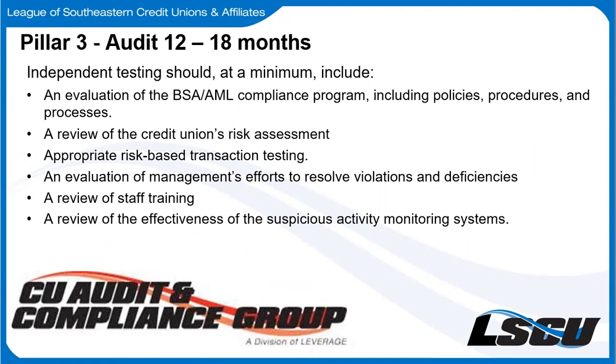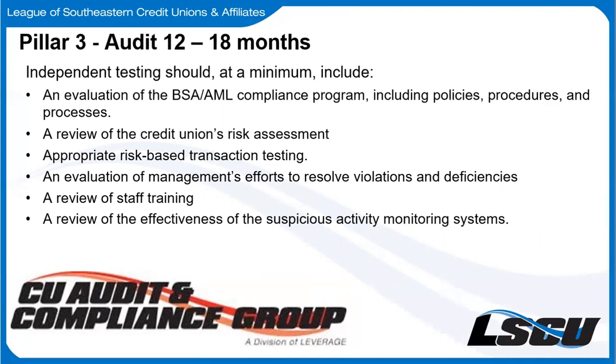If you've had any BSA issues in the past, ensuring that you have completed your efforts to resolve those violations, as well as ensuring your staff training is complete and any monitoring systems you may have at your credit union. As always, LSCU's Credit Union Audit and Compliance Group is available for BSA audits. If you are interested, please reach out to your auditor or your leverage business development consultant.